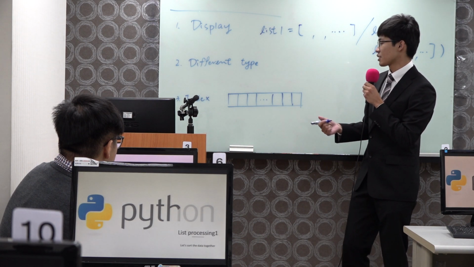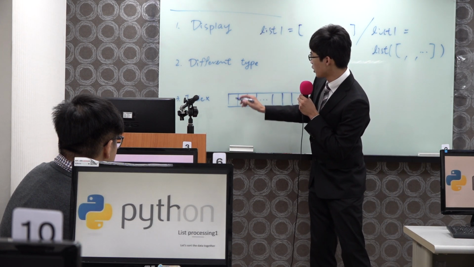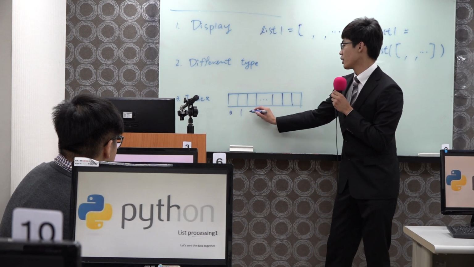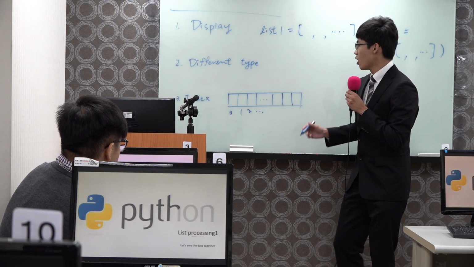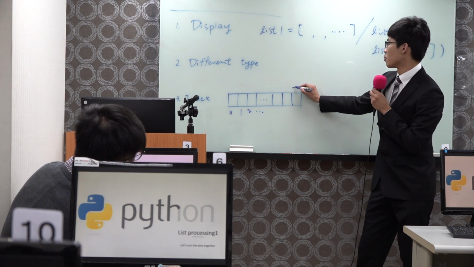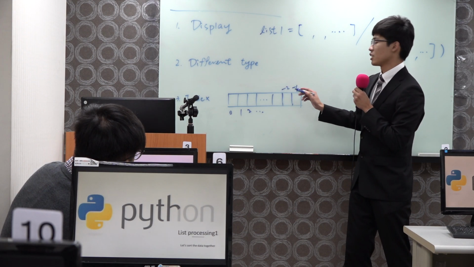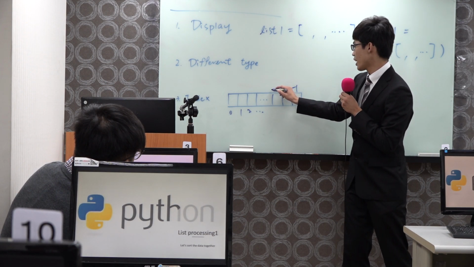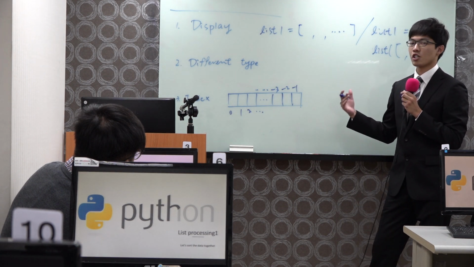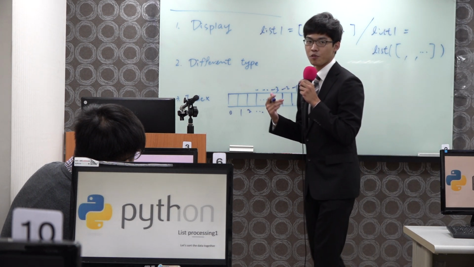So the first one has index 0, the second is 1, and the third is 2, and so on. Also, we can count reversely from the end. So the last one is -1, the second last is -2, and the third last is -3, and so on. Okay, so all the above is the basic concept of the list.